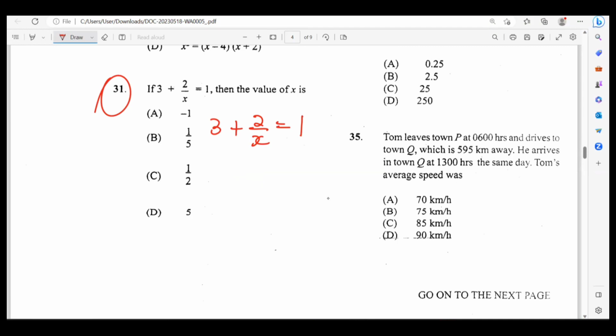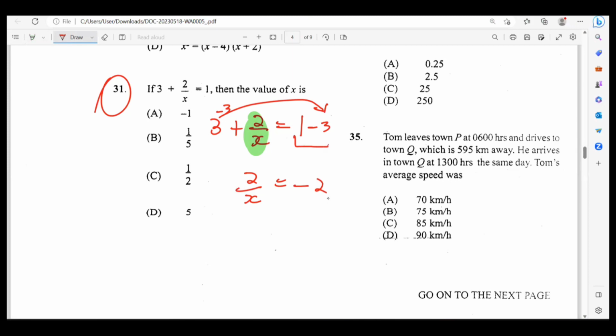So there are diverse ways you could get this. You could try to get the x's to stay here first, and then migrate this 3 to the other side. So you know it's going to be a minus 3, a minus 3. So looking at it, we have 2 over x, which is equal to minus 2.